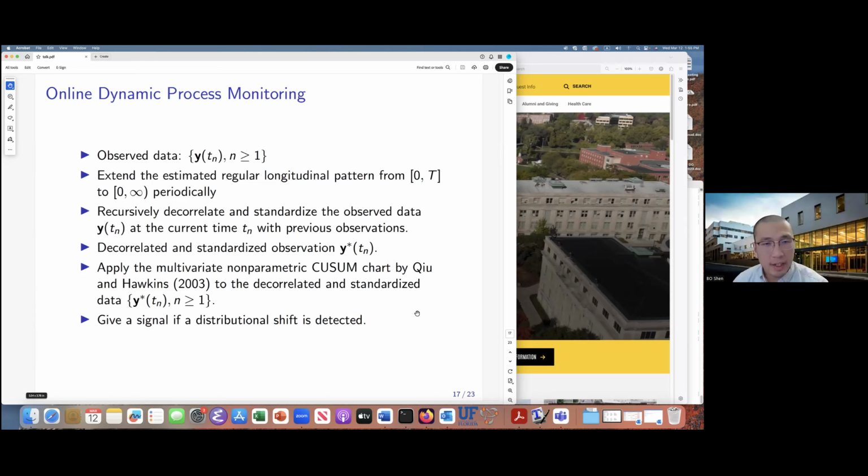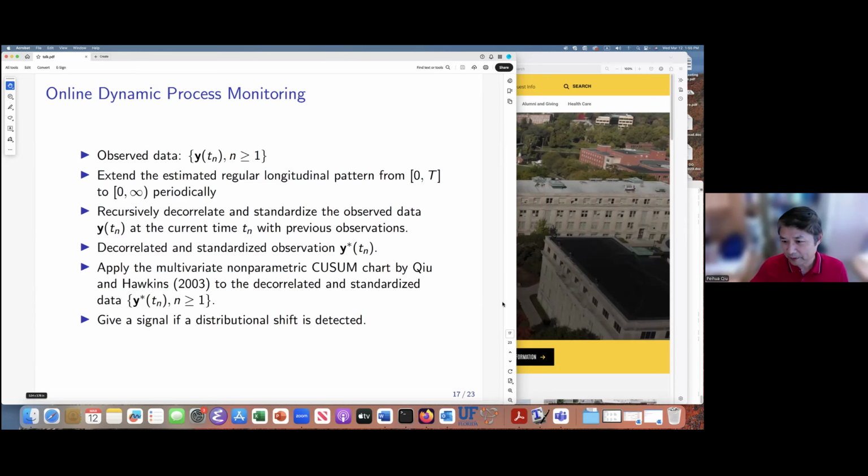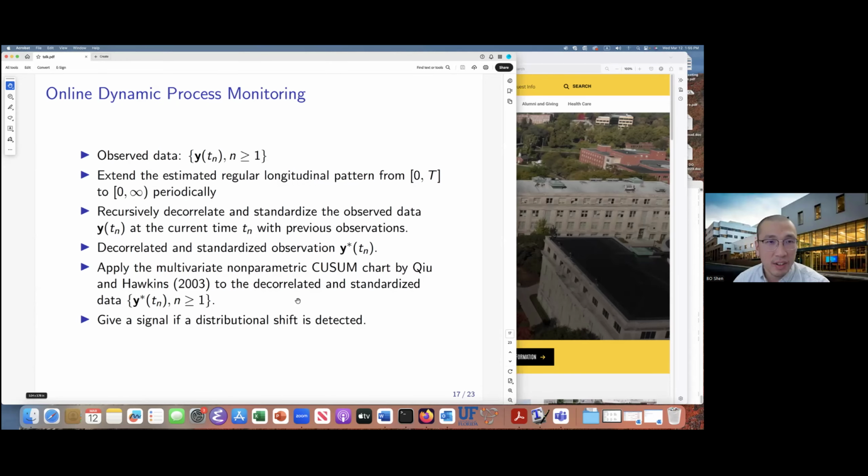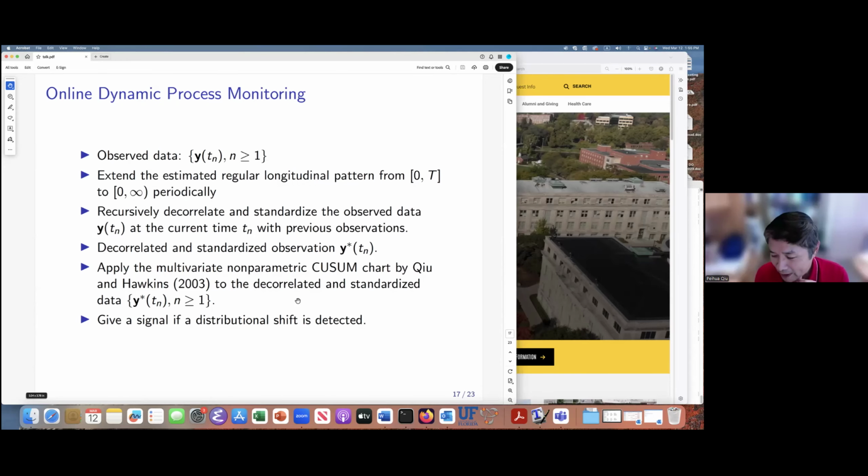Yeah, missing data will also be an issue. For example, at some special locations, at this moment we have data, but the next day we don't have data at all. You are right. But my methodology uses local smoothing, which is more flexible. If some places don't have data the next day, in my modeling the number of locations can be different at different time points.